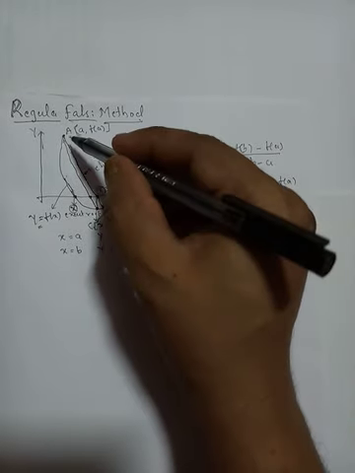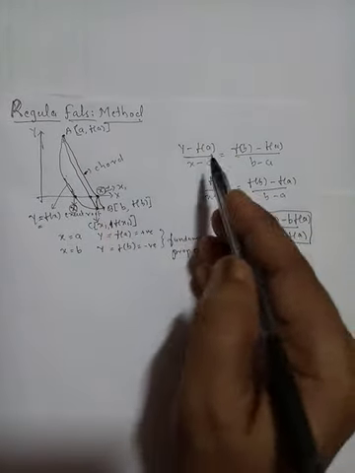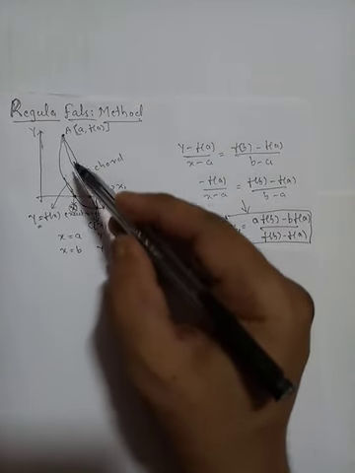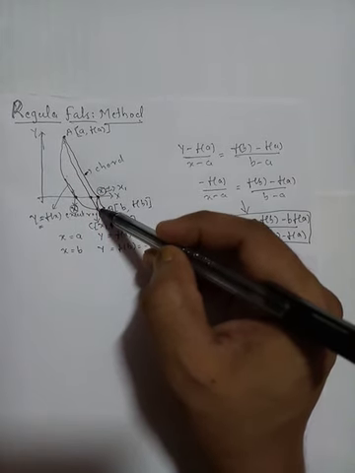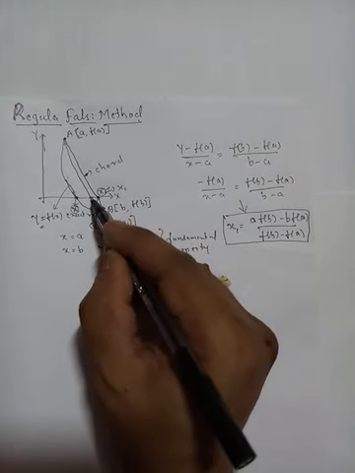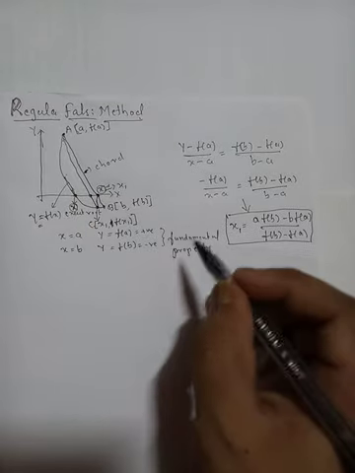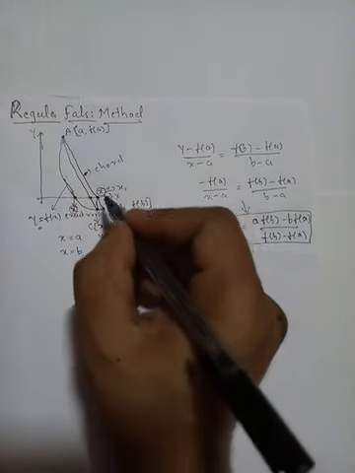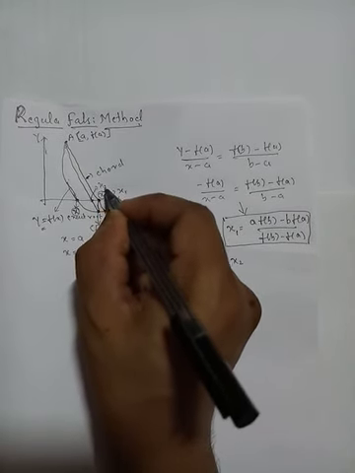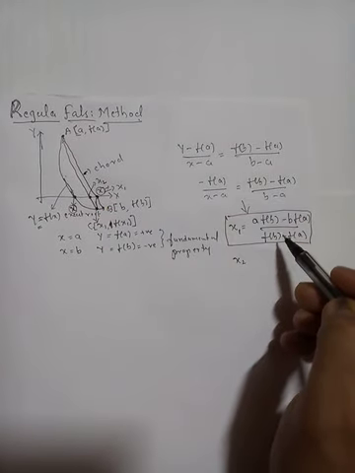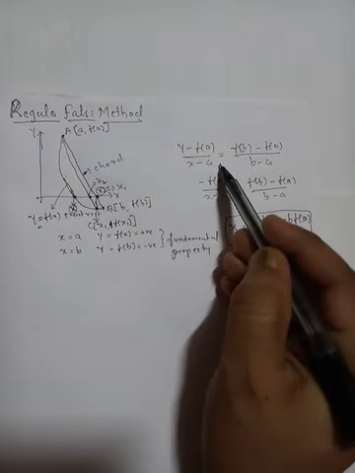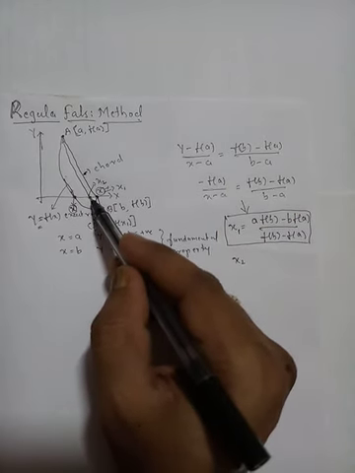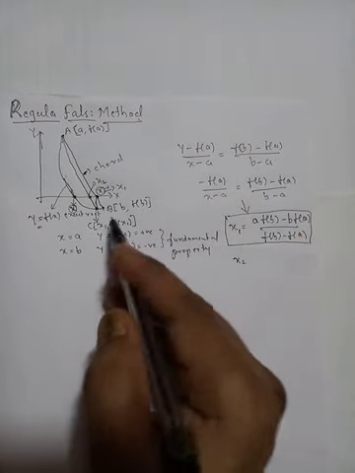Now taking this new chord, as we wrote the equation of the chord for the previous one, similarly we write the equation of the chord for this new one, then taking y equal to 0, from this we get the value of x. I denote this value of x as x2. The same procedure: we write the equation of the chord, then taking the y coordinate as 0 in the formula, we write the value of x.